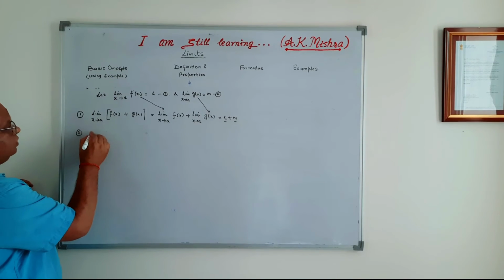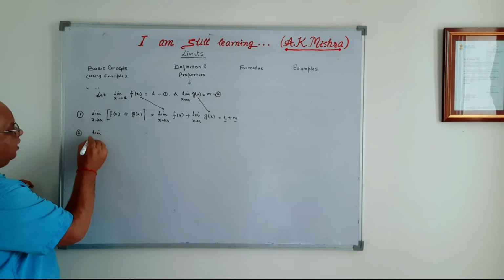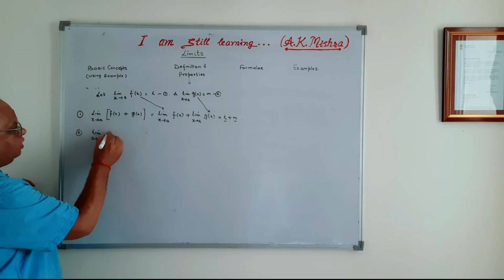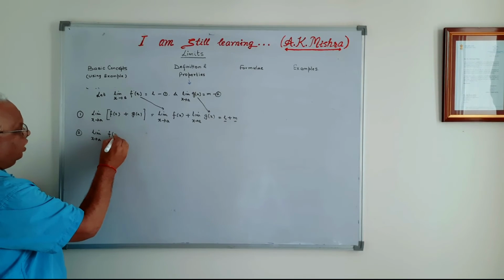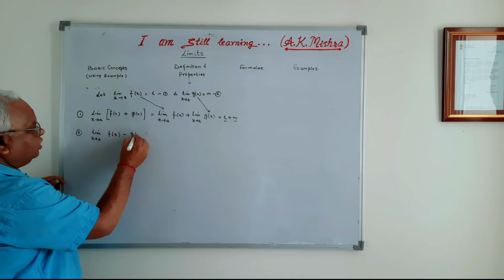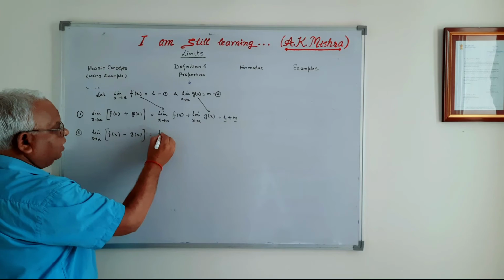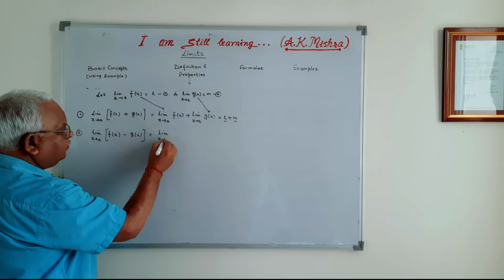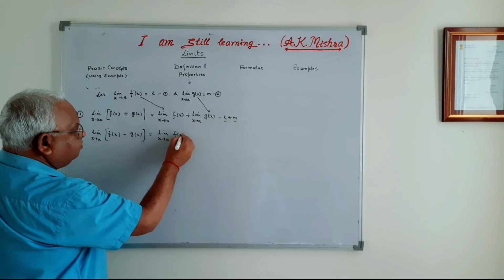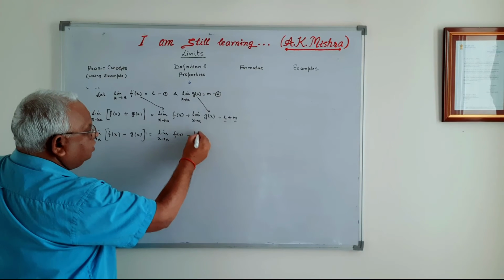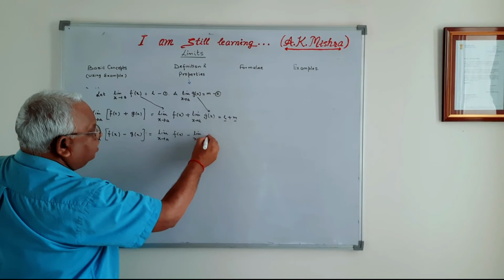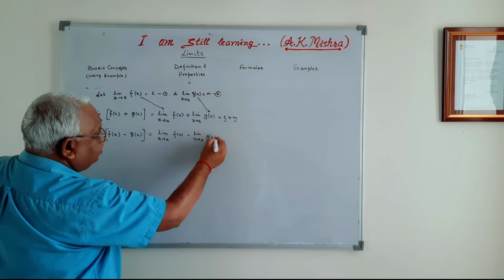Second thing is limit x tending to a of f(x) minus g(x) can be written similarly as limit x tending to a f(x) minus limit x tending to a g(x).